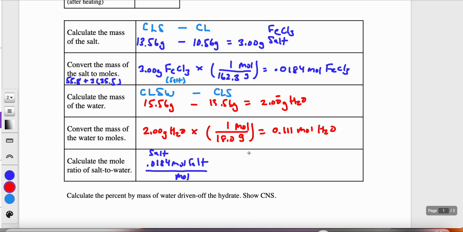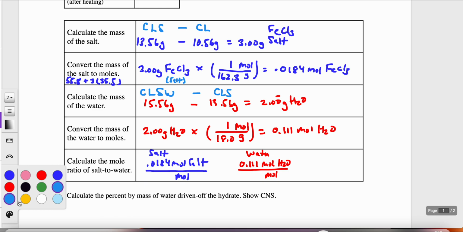I also need to include the water, so my water is 0.111 moles of water, and I need to divide it by moles. So the rule is that you divide each one by the smaller. And in this case, 0.01, think of it as like 1 cent versus this one is 11 cents. Well, 1 cent is smaller than 11 cents.